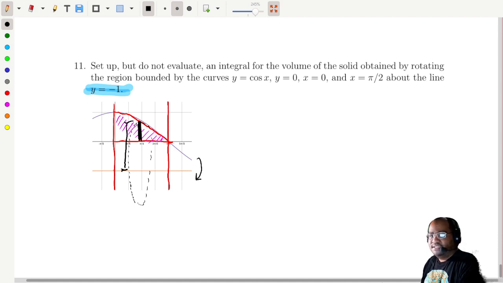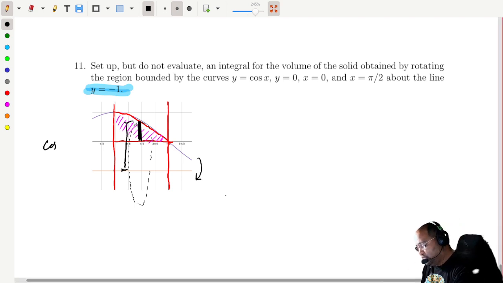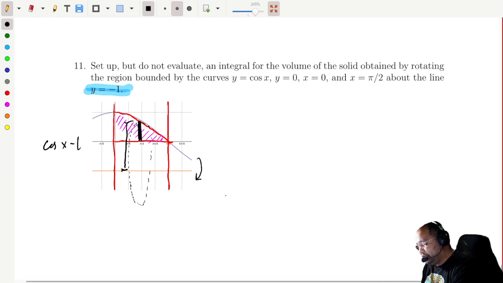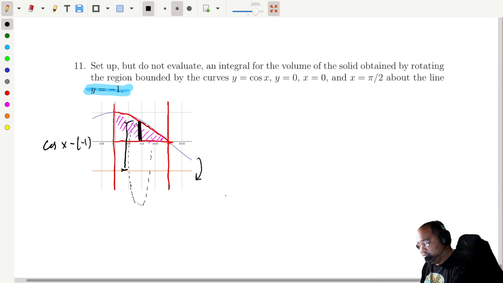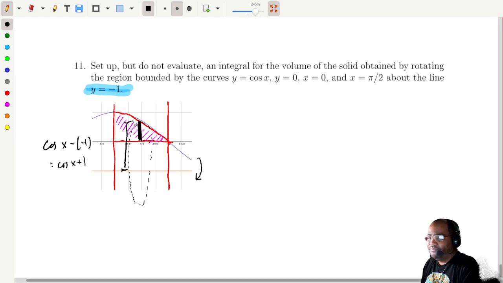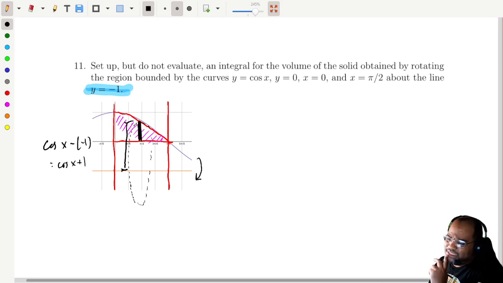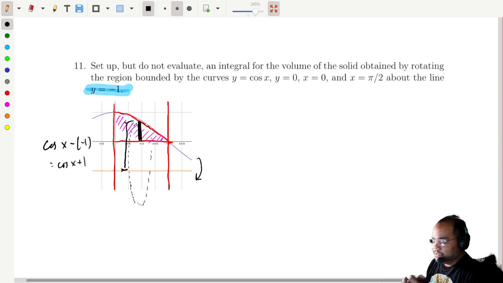So to find our distance, it's again top minus bottom. Cosine of x minus -1. Careful, because that minus is built in there. Okay, so that's just cosine of x plus 1. Okay, very nice. Now, does that make sense? Let's ask ourselves this.